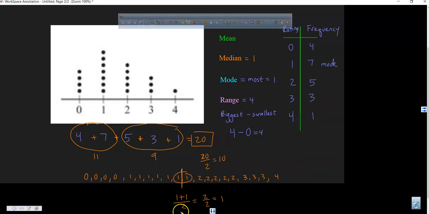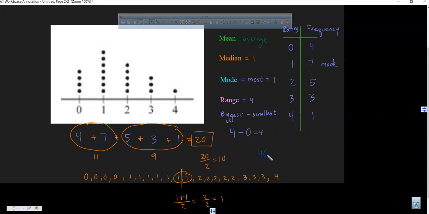So here we go. Next thing, mean. What we're going to do is we're going to add all of these up and then divide it by 20, and that gives us the mean. So the mean is the average, all right? So think of it this way.